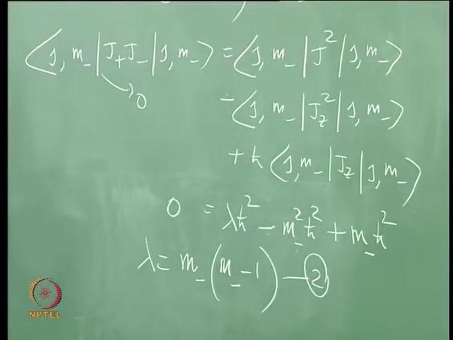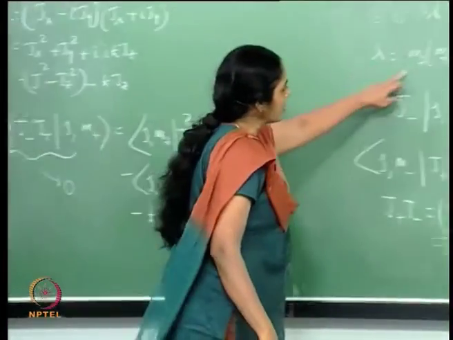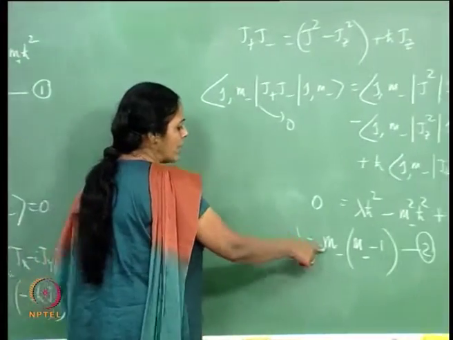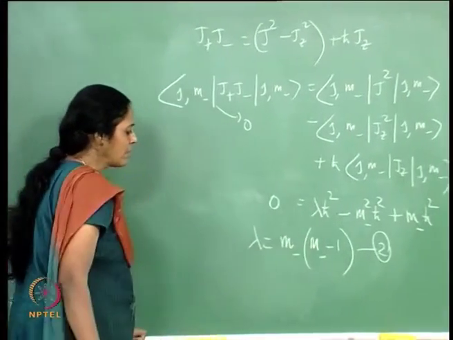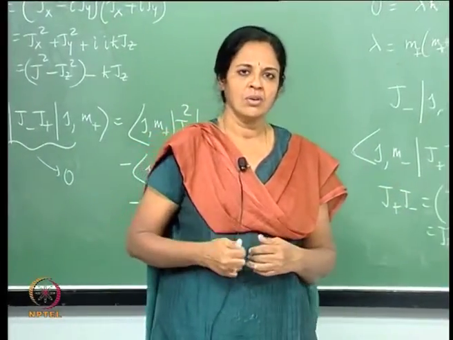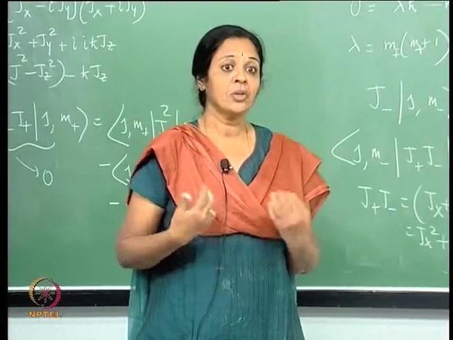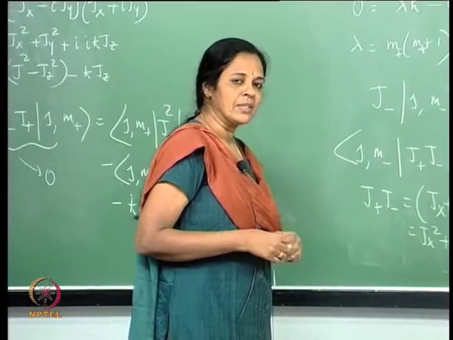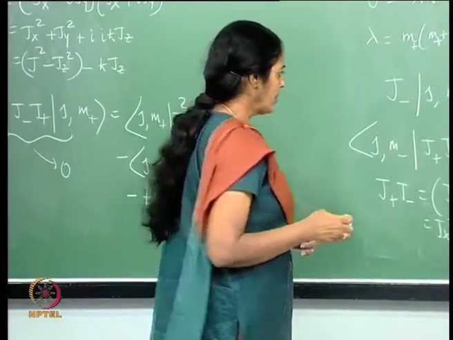So, I have two descriptions of lambda. Lambda is m plus times m plus plus 1. It is also equal to m minus times m minus minus 1. I emphasize that m plus is the higher bound on the value that m can take for a given j, and m minus is the lowest value that m can take for the same value of j.